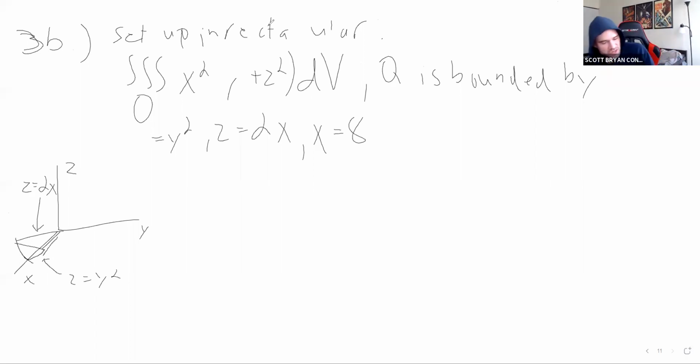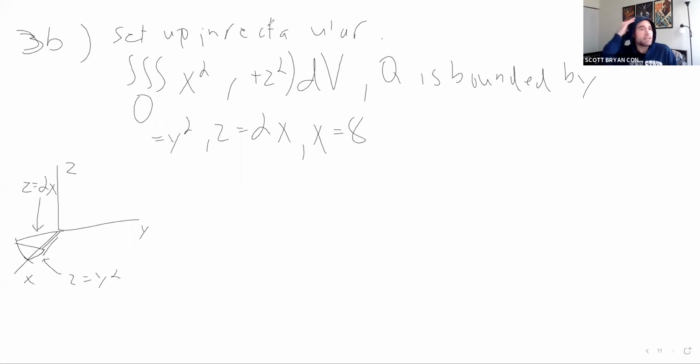Okay, so we want to set this up in rectangular. What's going to be the easiest way to do this? We have 3 options for rectangular. Top and bottom surface, so bound z by functions of x and y. Left and right surface, bound y by functions of x and z. Or front and back surface, bound x by functions of y and z.